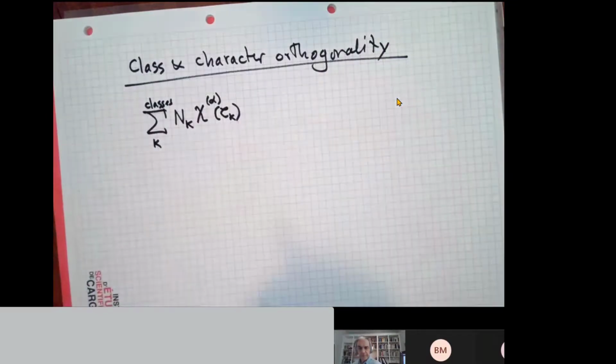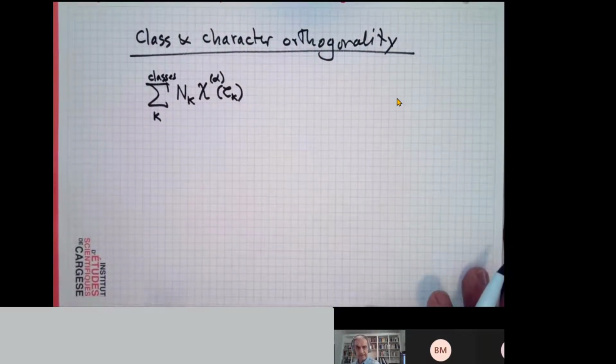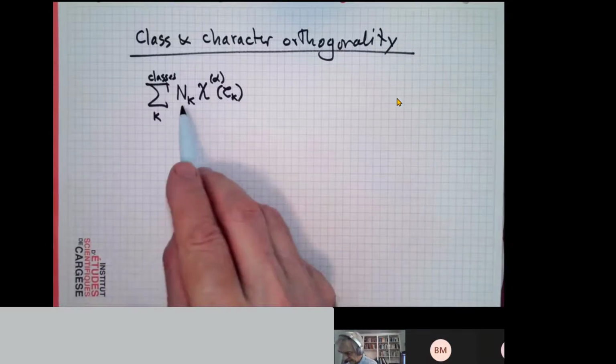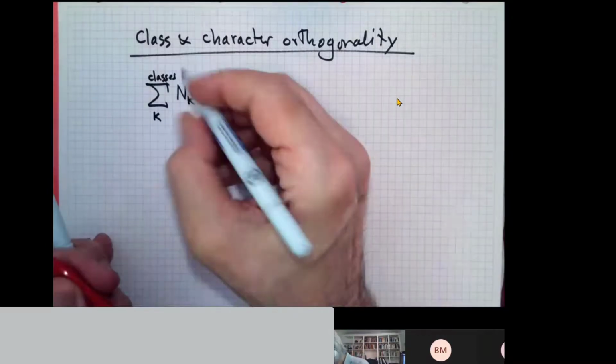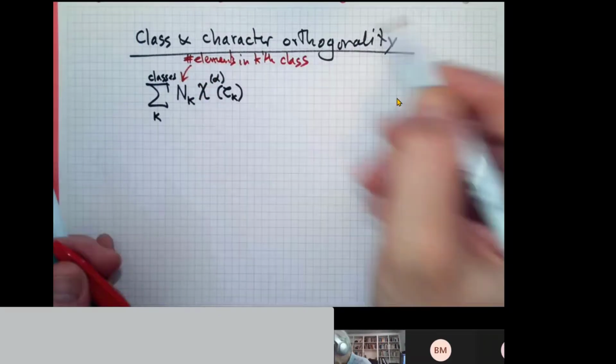That just means if you compute it for any group element in the class, you have it, but then it's the same, n_k times, the number of elements in the kth class.